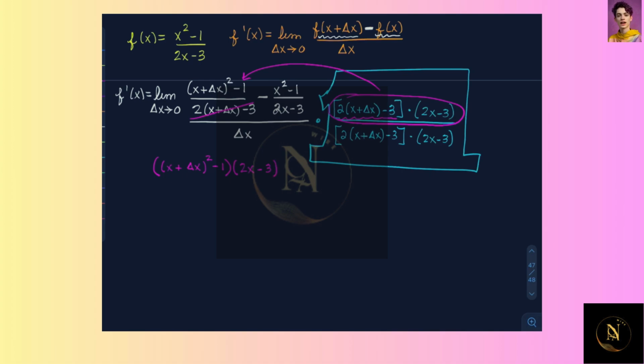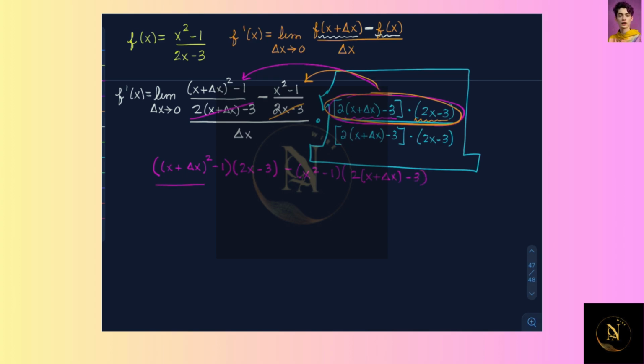And when I share that whole thing to this second fraction, the denominator here will cancel with the 2x minus 3, and I'll be left with x squared minus 1 times 2 times x plus delta x minus 3.